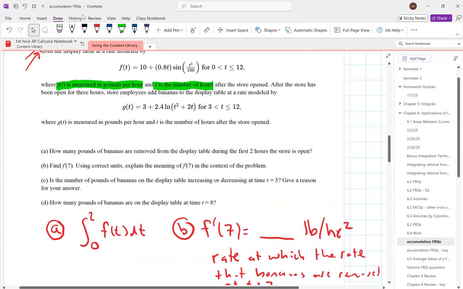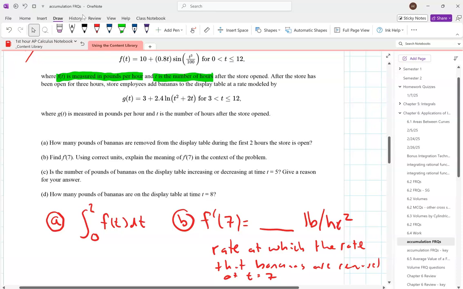Well, g of t is the rate in which the bananas are added. F of t is the rate in which the bananas are removed. So if I just subtract those two rates and look at whether it's positive or negative, I know the amount of bananas would be increasing or decreasing, right?